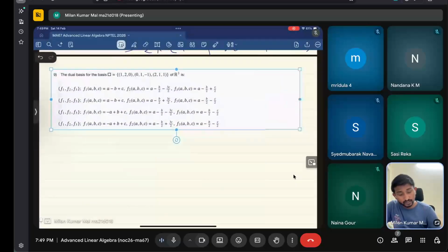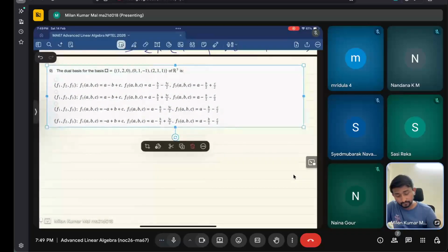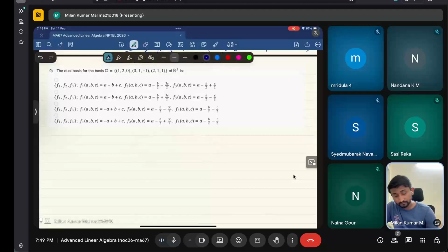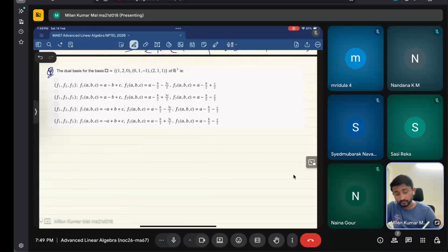Dual basis. Here it is asked to find the dual basis of this basis. It is the same problem I tried to explain in the previous one. These are the dualities; that's why it is called dual.